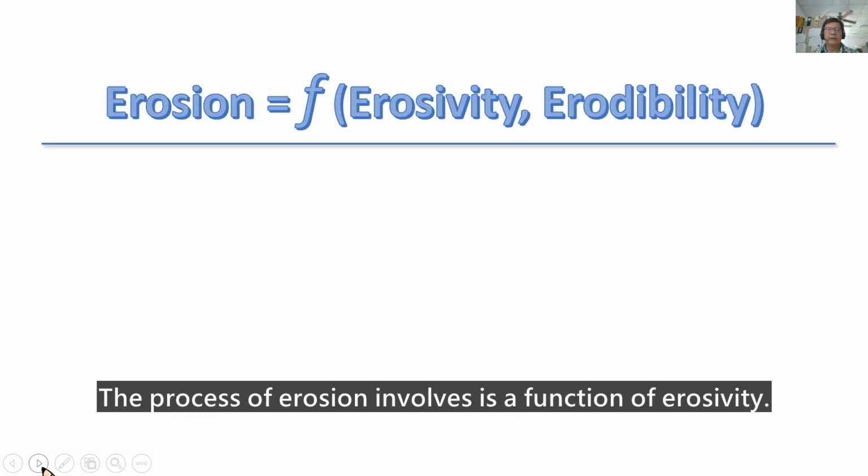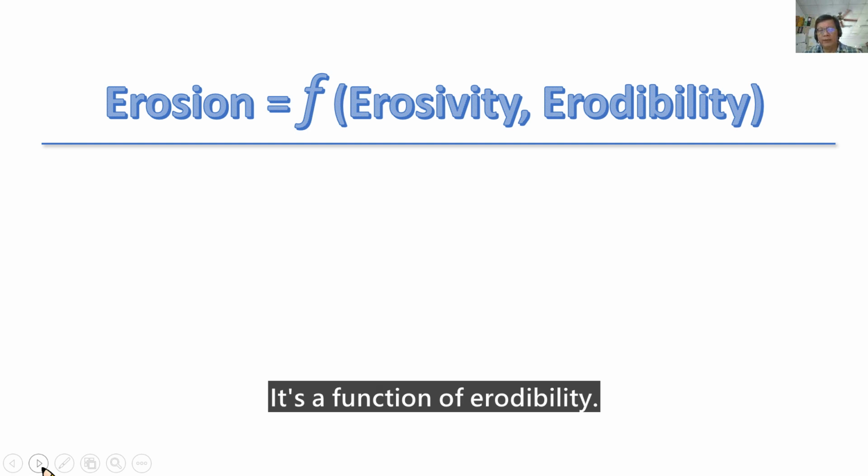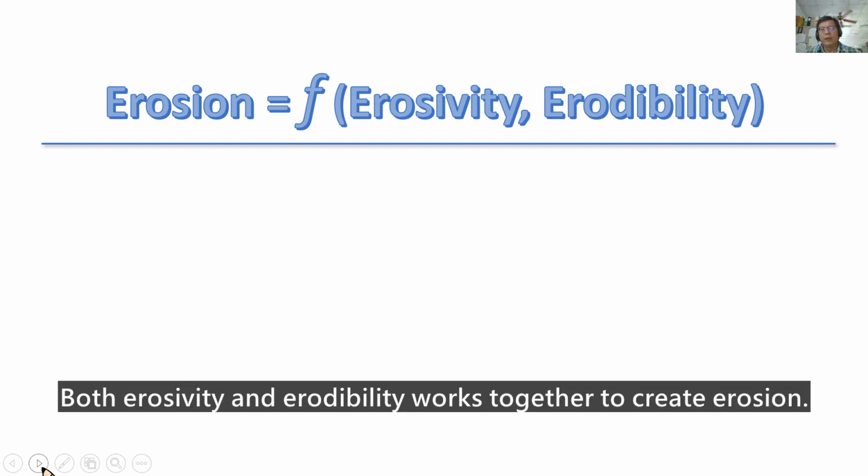The process of erosion is a function of erosivity and a function of erodibility. Both erosivity and erodibility work together to create erosion.